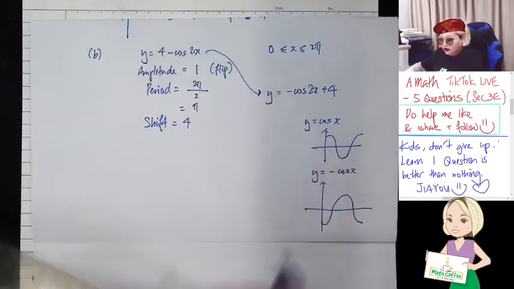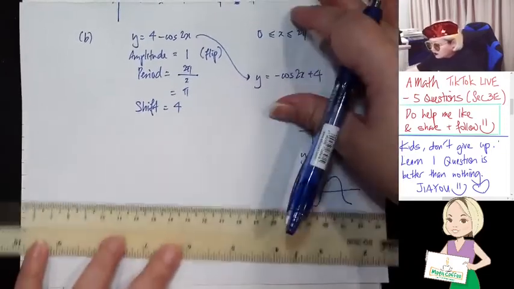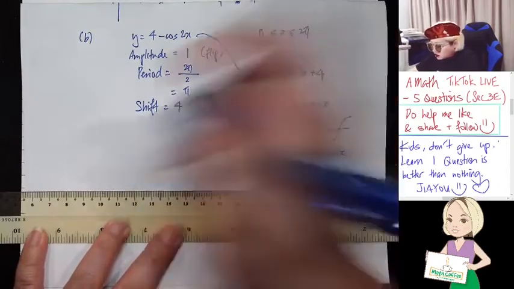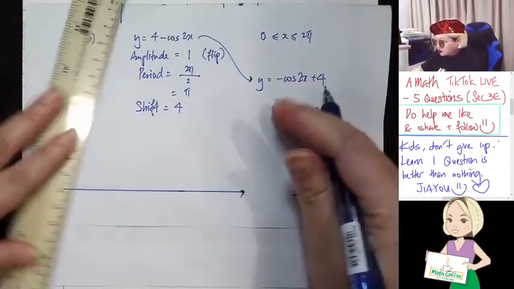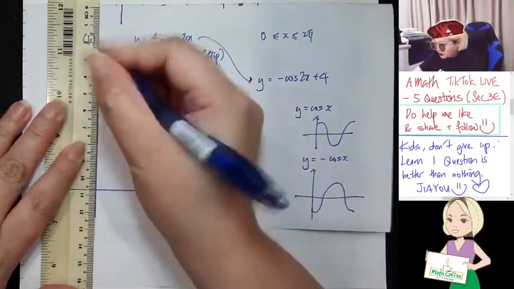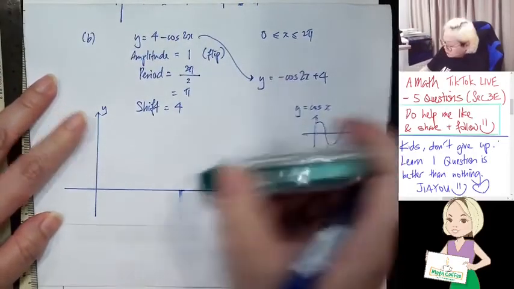So I will know that the graph looks very way above the x-axis. So you can actually draw more space for the positive y. So y and x.